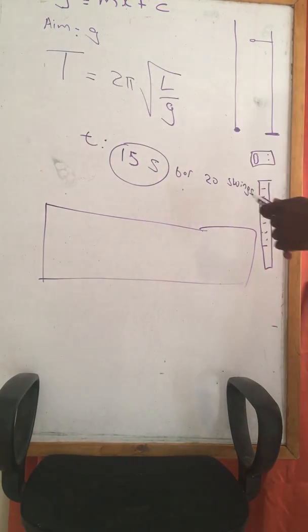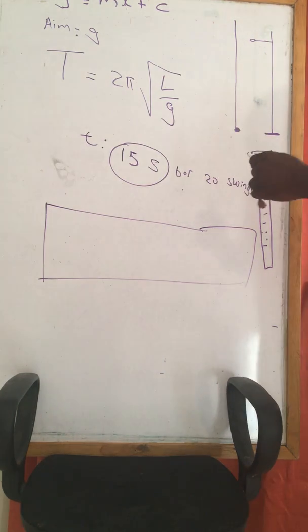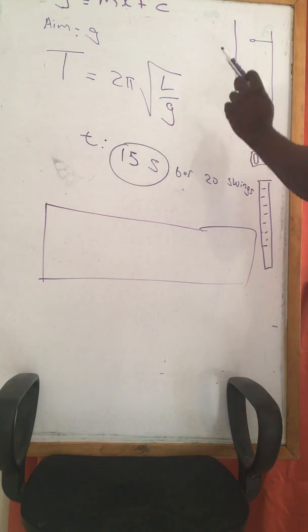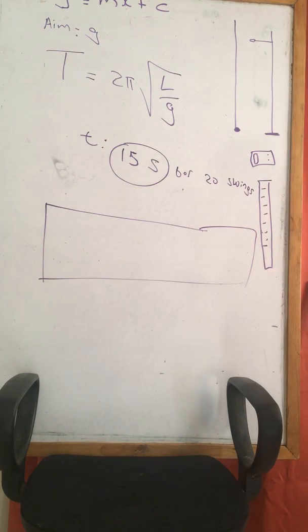Can we change 2? No, you can't. So 2 is a constant. Can you change pi? No, you can't. Pi is a constant. Can you change g in your particular location? Absolutely not. G is also a constant. But can you change the length of the pendulum? Yes, you can. So L can be our variable.